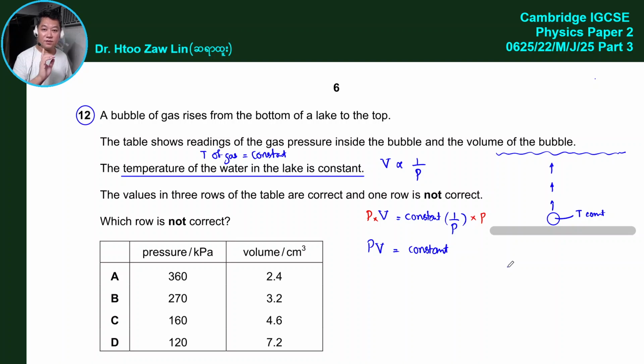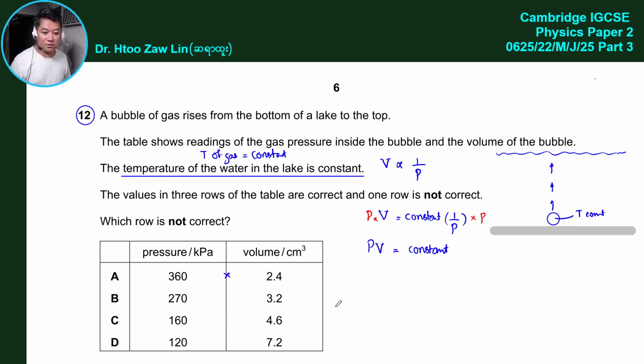So if we cannot get a constant, the pressure or volume is wrong. So pressure wrong or volume wrong. Let's check the first row, A. The pressure is 360 and the volume is 2.4.